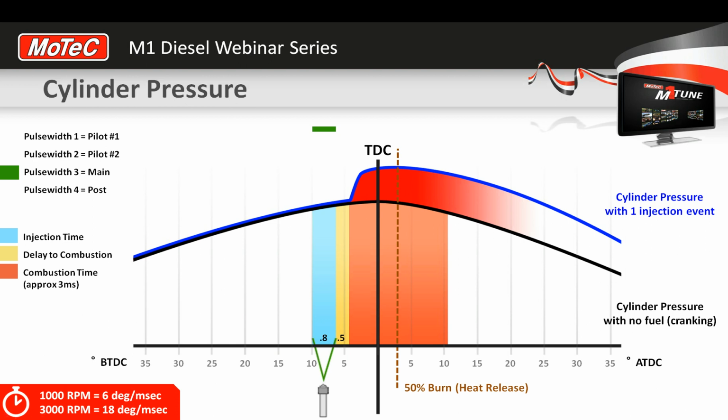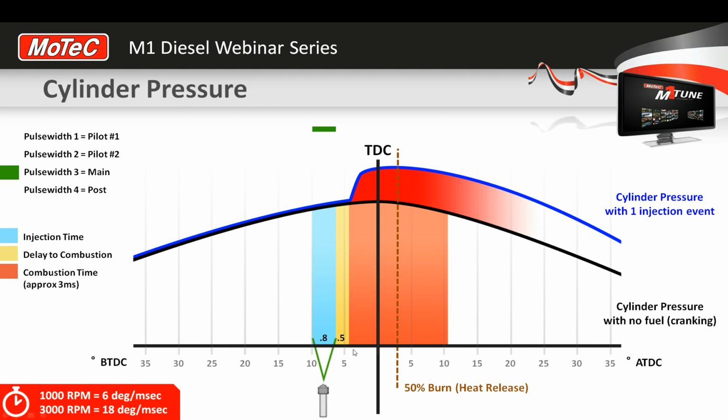If we deliver a 2 millisecond pulse, that would be squirting fuel over 12 degrees. So if we had a 2 millisecond pulse and started at 10 degrees before top dead center, that would be 12 degrees, so fuel would still be squirting in after top dead center, then there'd be a delay and then the combustion would start.